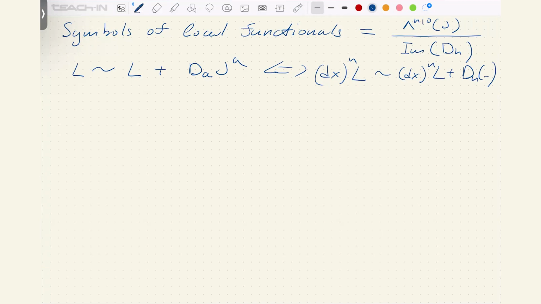Okay, so in other words, this space is very important, and this is the space of local functionals, or strictly speaking, symbols of local functionals.